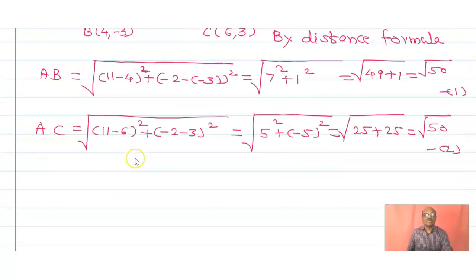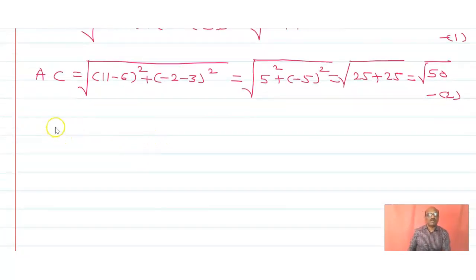Okay. Distance AB from 1 and 2, AB is equal to AC.